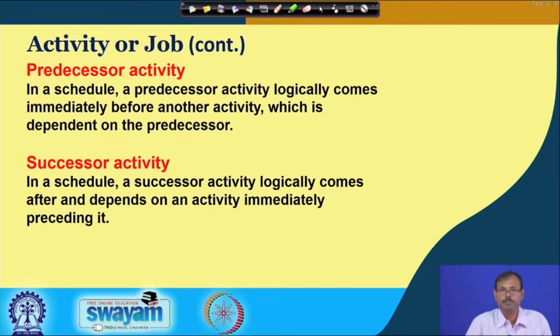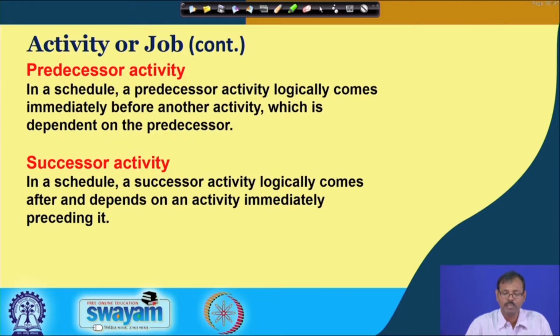Activities may have some predecessor activities, that means activities that are essentially required for carrying out these activities. In our last video we saw pencil manufacturing. For placing the lead inside the wooden pieces, lead manufacturing is previously required.